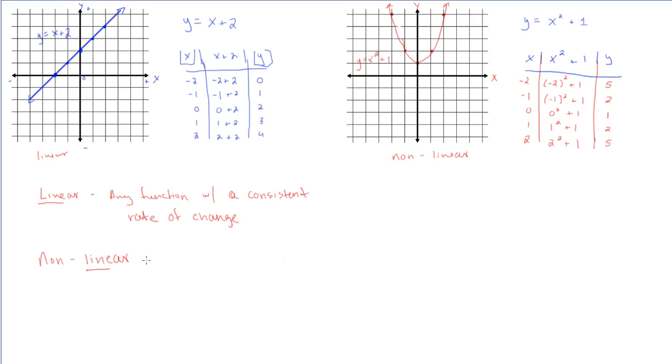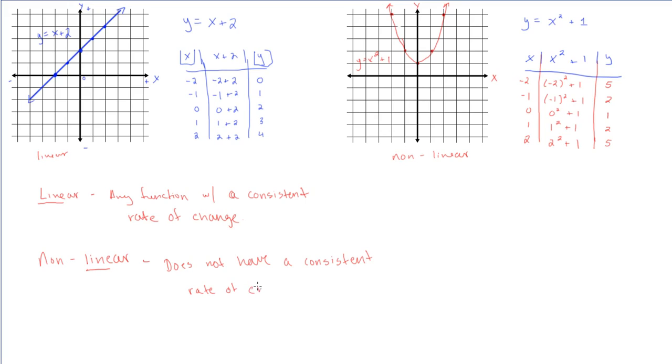Okay. Now, a nonlinear function is any function that does not have a consistent rate of change. Okay.